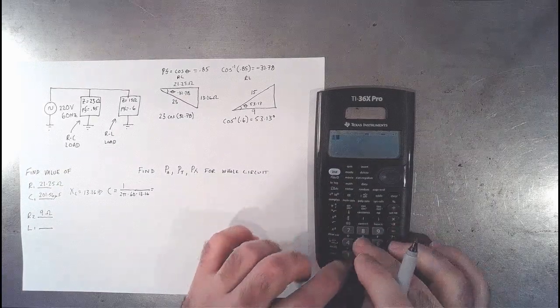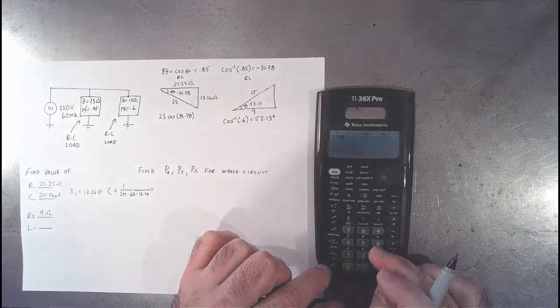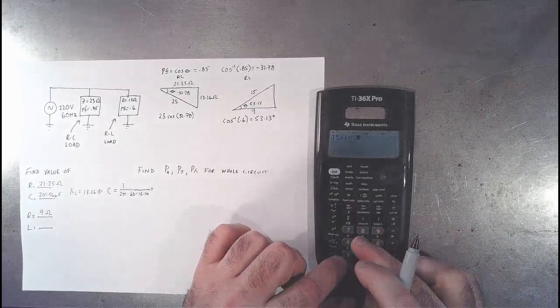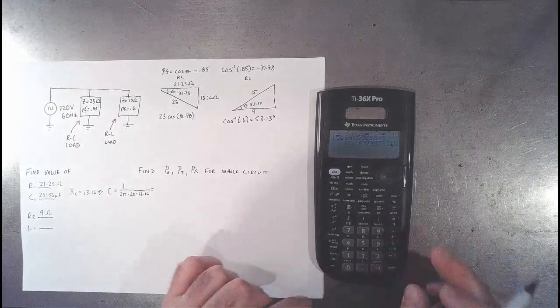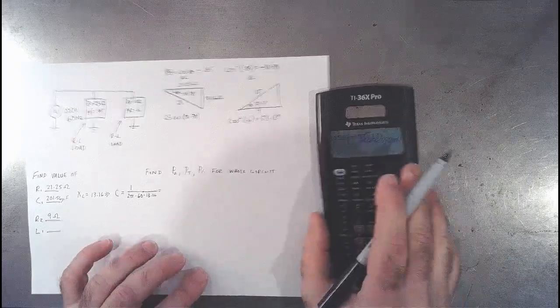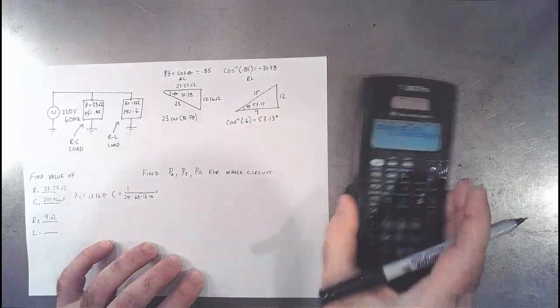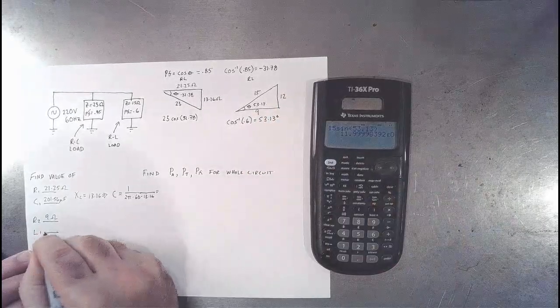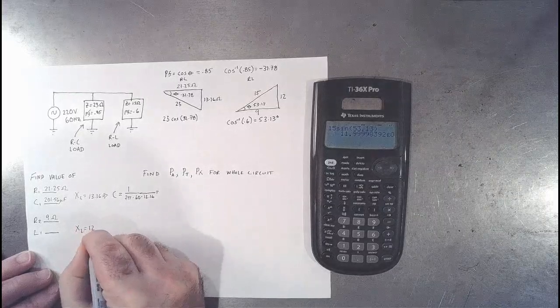And then to get the reactive part, that is what the reactance of the inductor is, it's going to be 15 sine of 53.13, and that is 11.99 ohms. I'm going to call it 12 ohms, just to keep things simple in this example. All right, so the inductive reactance is 12 ohms.